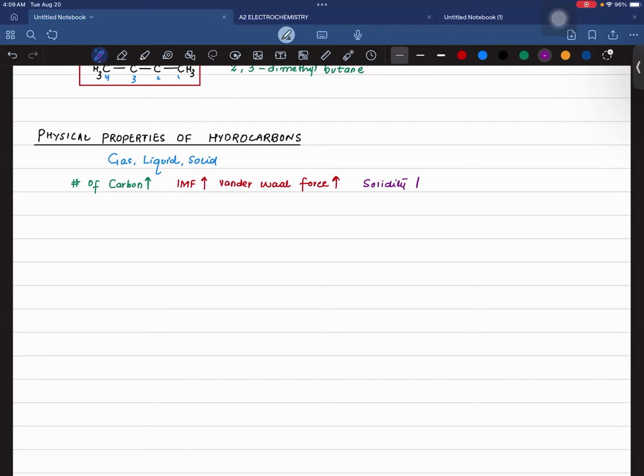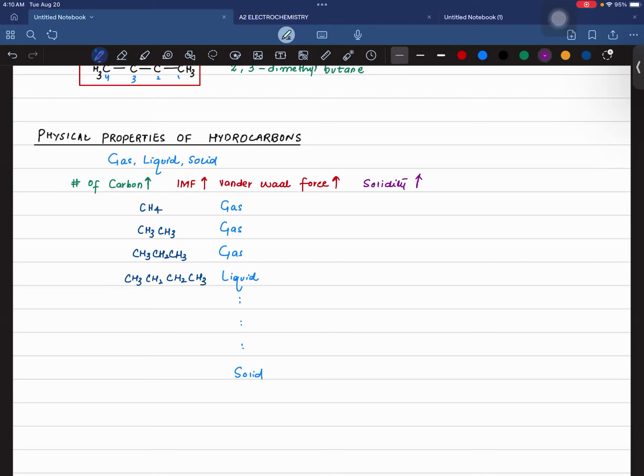Like let's suppose CH4, then CH3 and CH3, then CH3 and CH2, then CH3. As you can see, this is gas, gas, then liquid, liquid, liquid, and then it would be solid, right?